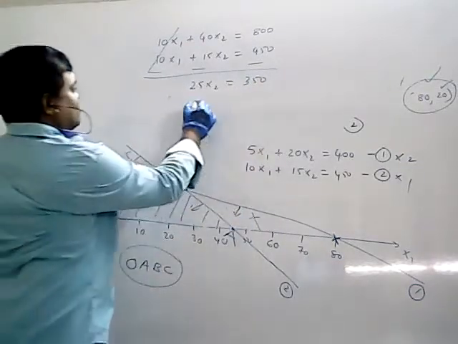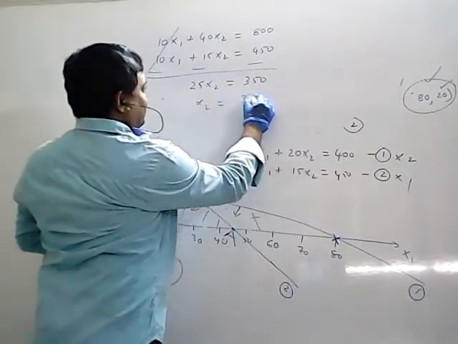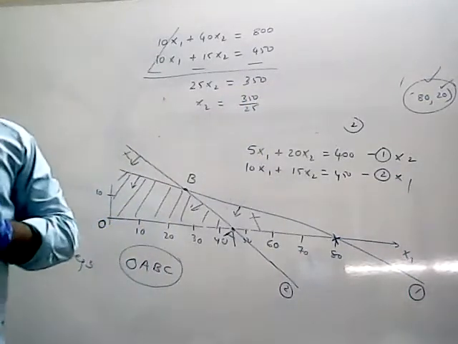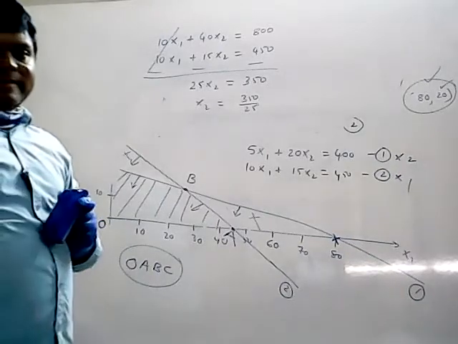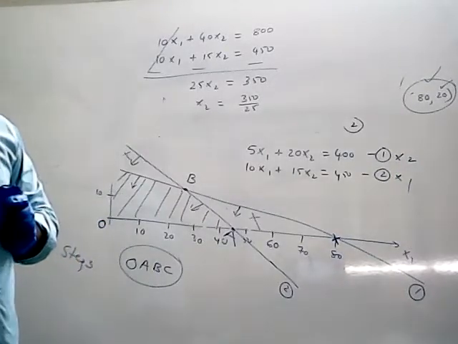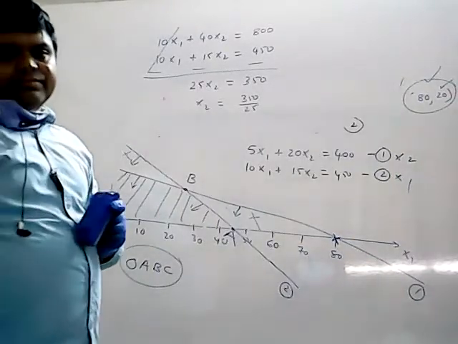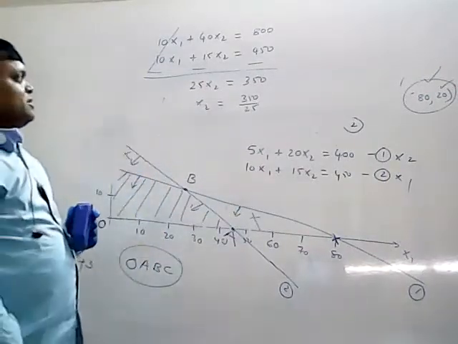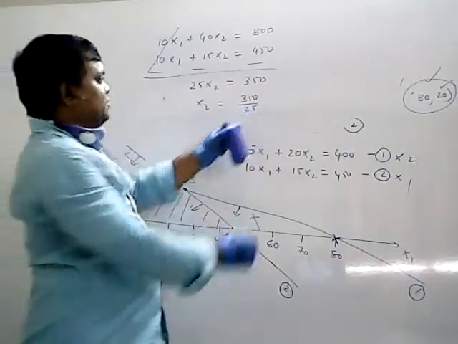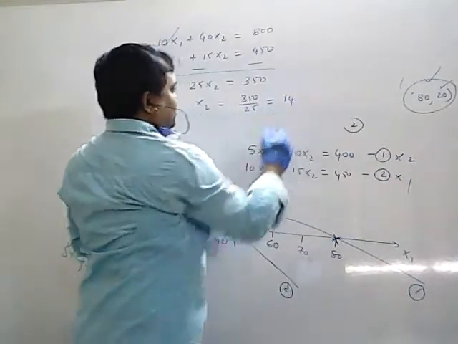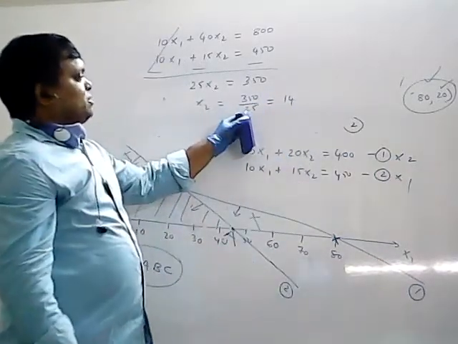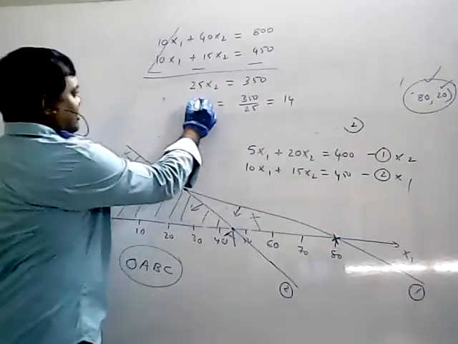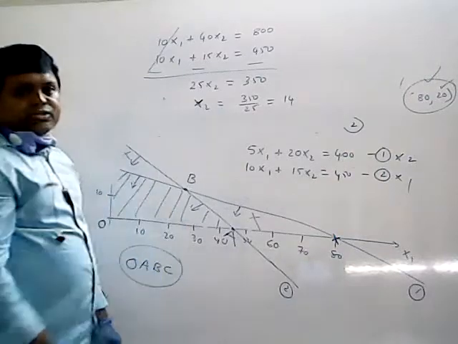So x2 equals 350 divided by 25. Doing this division, 14 fives are 70, 14 twos are 28 plus 7 is 35. So x2 is 14. Now I got the x2 value.